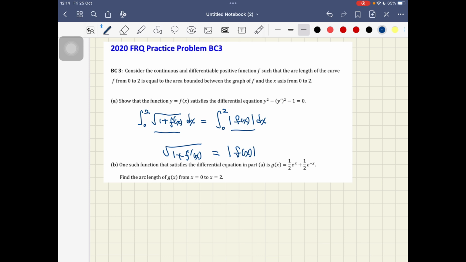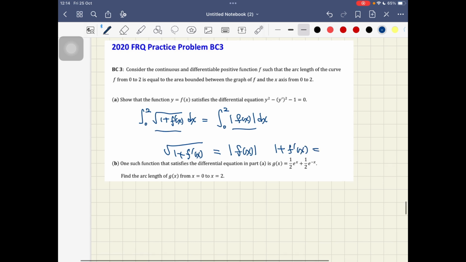So let's square both sides: 1 plus f prime of x squared becomes f of x squared. Since f of x is y, y squared minus y prime squared minus 1 is 0. Sorry, this is squared because of the arc length.